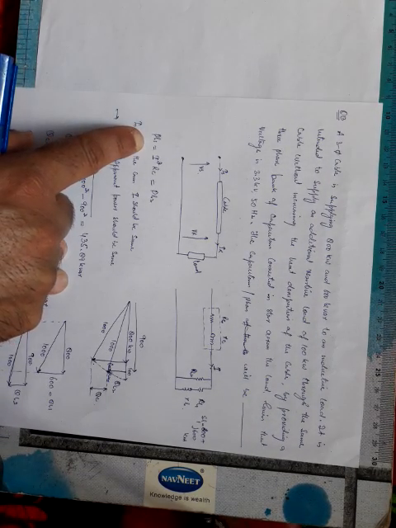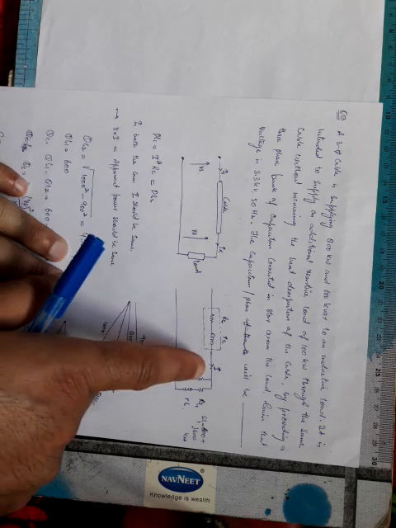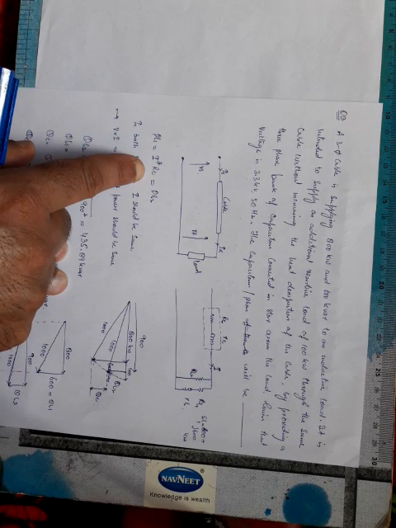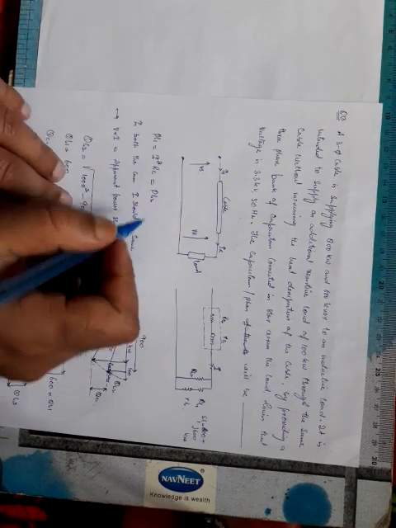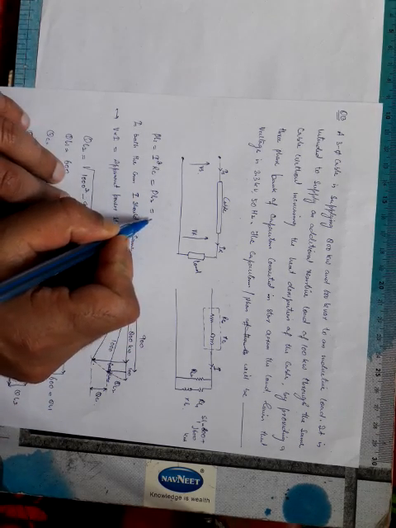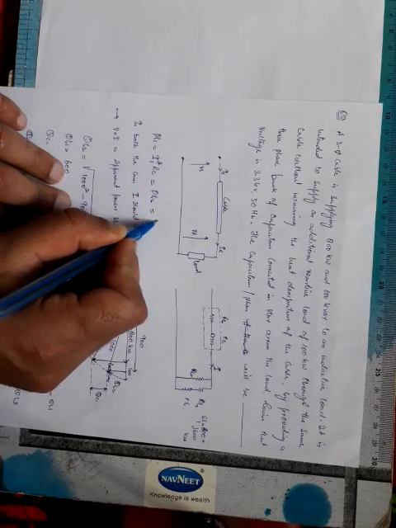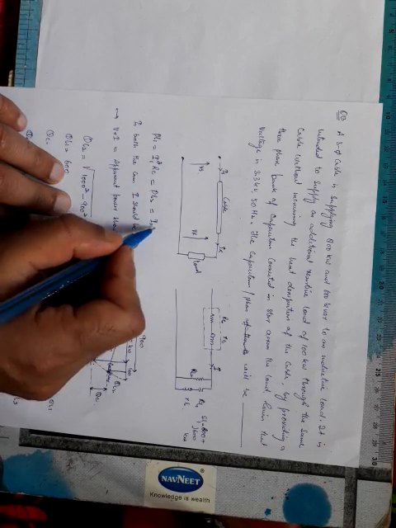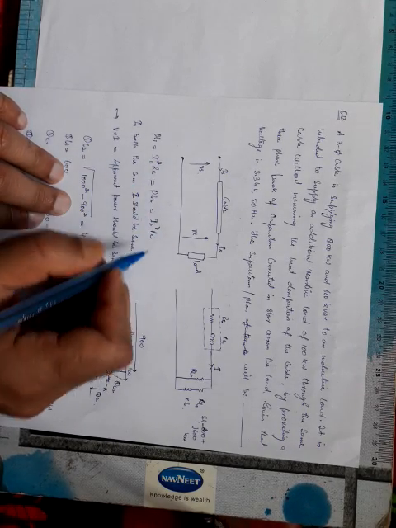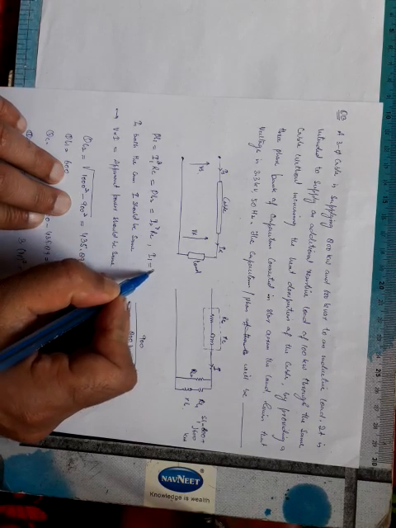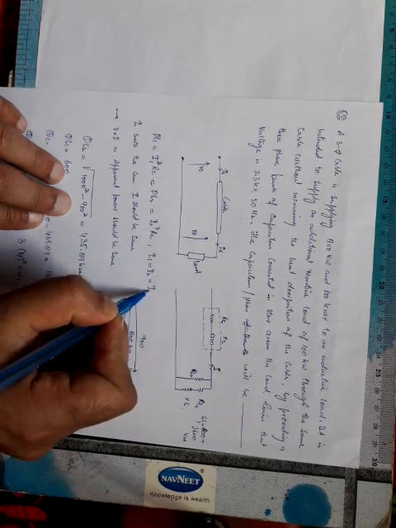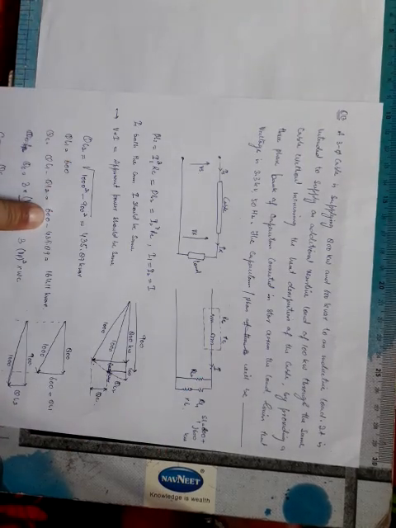PL1 is the heat dissipation in the cable, that is I square RC, and it should be equal to PL2, that is I2 square RC. When we equate both, I1 should be equal to I2. Let us call it I. That's why I have written I over here.